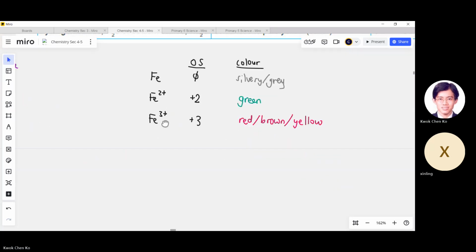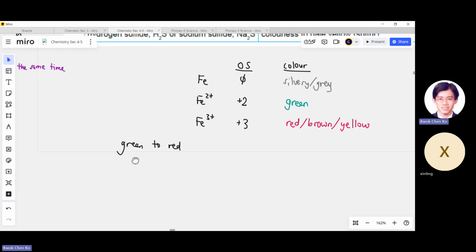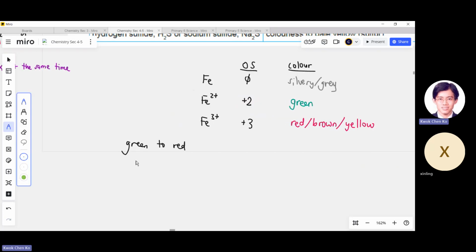Now, sometimes your question just tells you the observation. It tells you something like, your solution changes from green to red. Like the traffic light. What's your explanation? More likely than not, once you see green and red, you should think about your good friend iron.